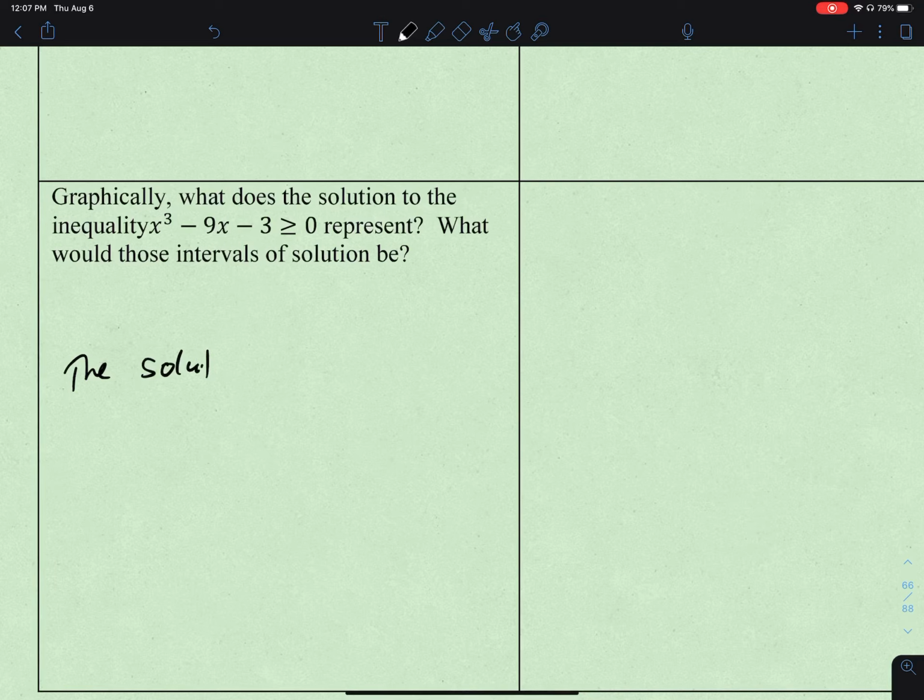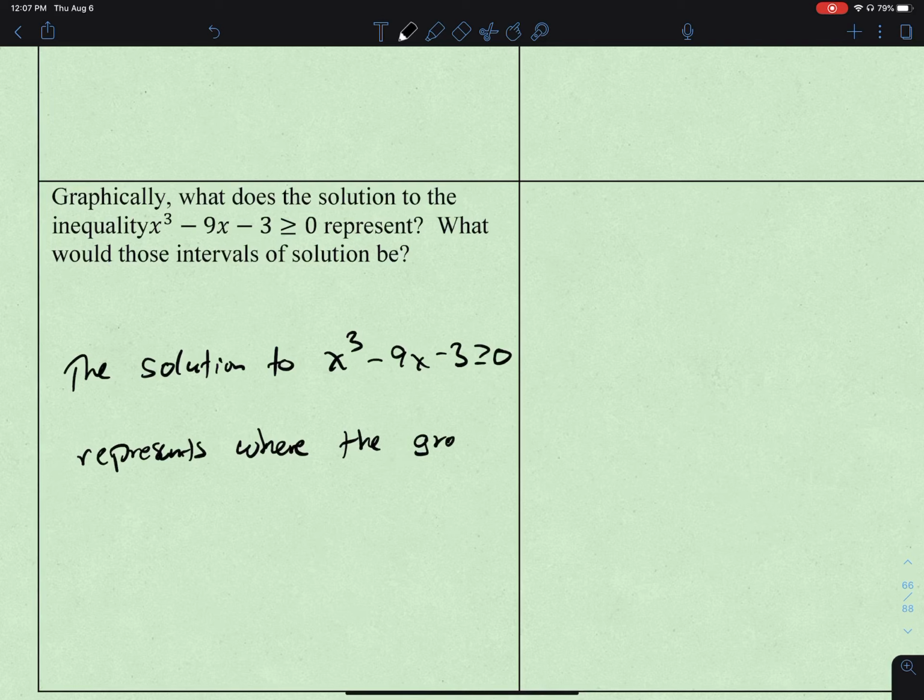The solution to x cubed minus 9x minus 3 greater than or equal to 0 represents where the graph is on or above the x-axis. You could also say it represents where the graph is non-negative.